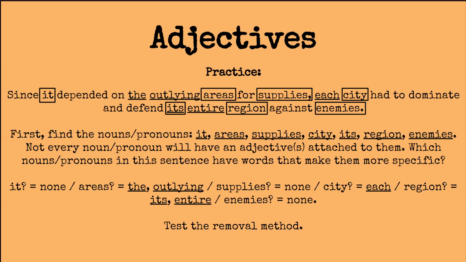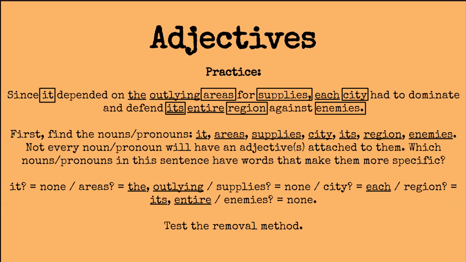Areas, another one that I think many of you got outlying correct. You know, you're looking for those adjectives that are right before the noun, which makes a lot of sense. So outlying is 100% one of the adjectives in this sentence. But don't forget that a, an, and the are also considered adjectives. So the outlying areas.